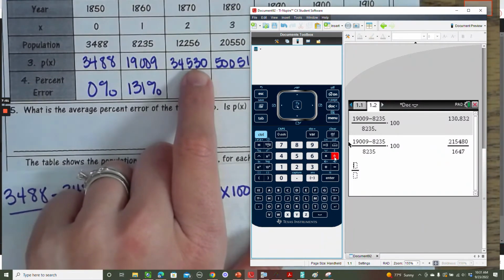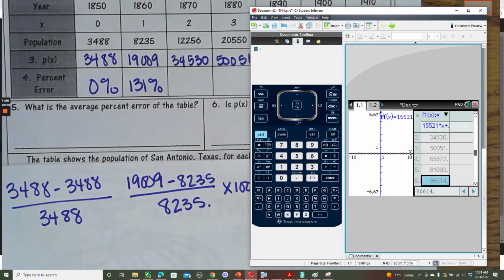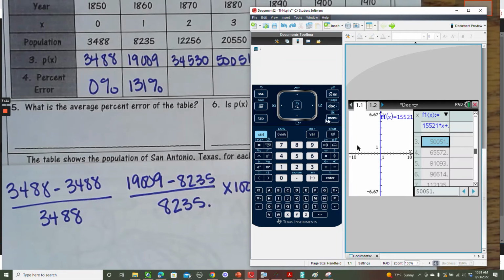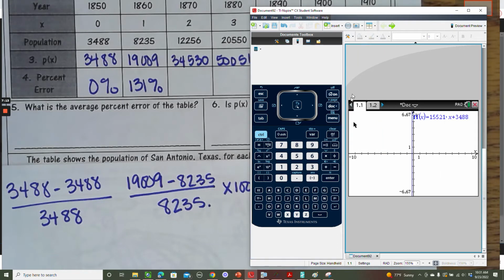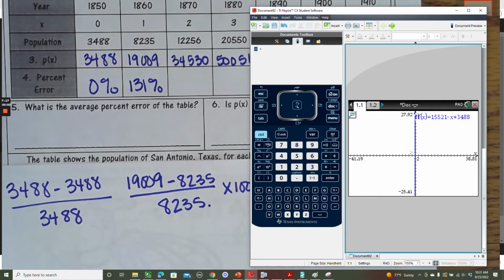Because you want to know how accurate the linear model is. So looking back at the graph, I should be able to use this graph. Let me zoom out a little bit. Wait, so it's the P minus the population.